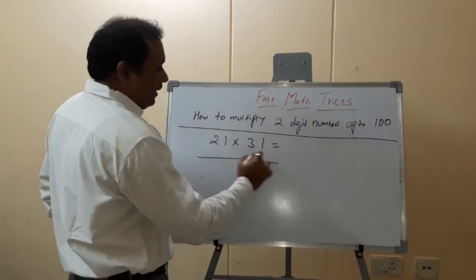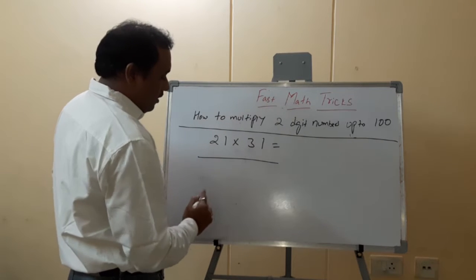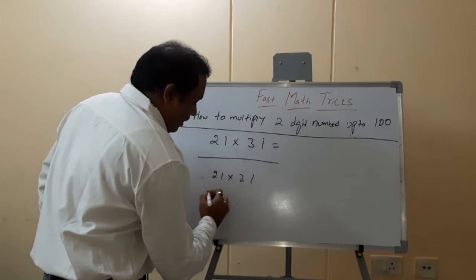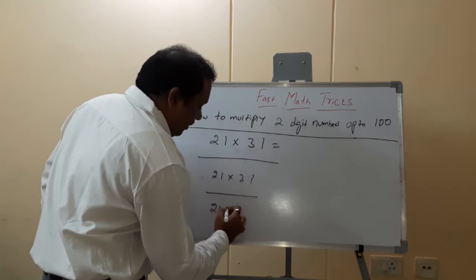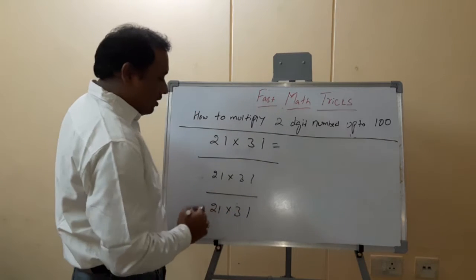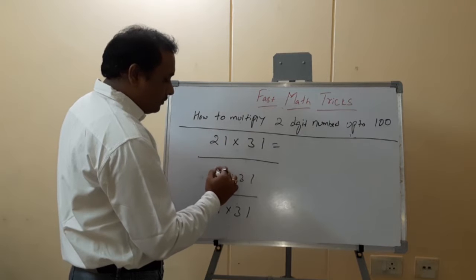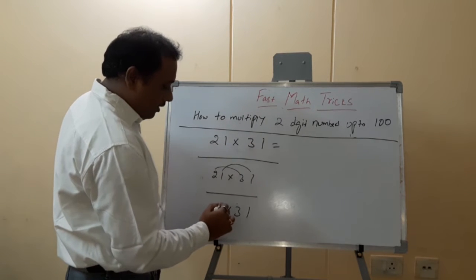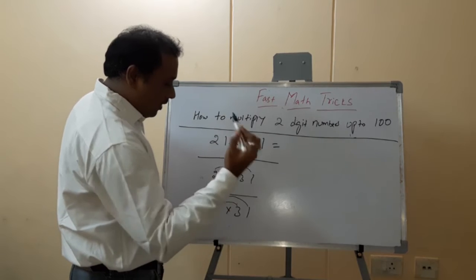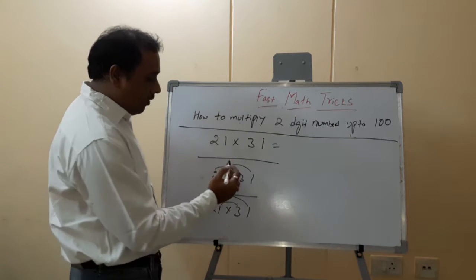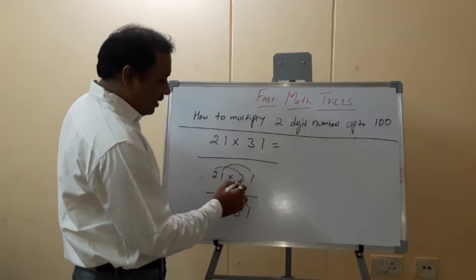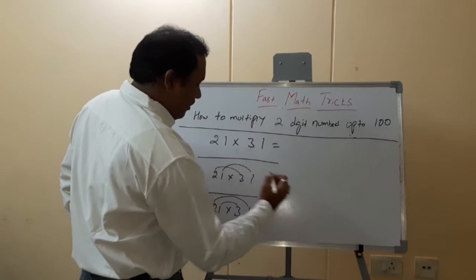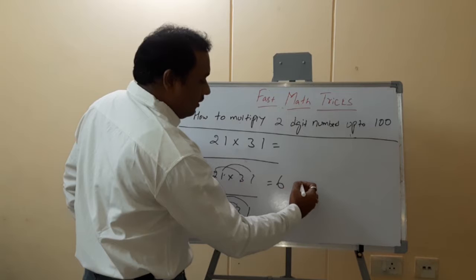When you get two-digit numbers like this, 21 into 31, along with that write again 21 into 31. The first step is you have to cross multiply here. So 3 2s are 6, and 1 1s are 1.